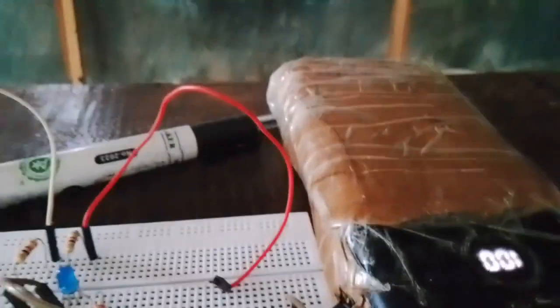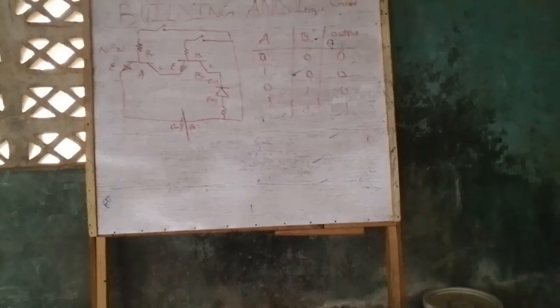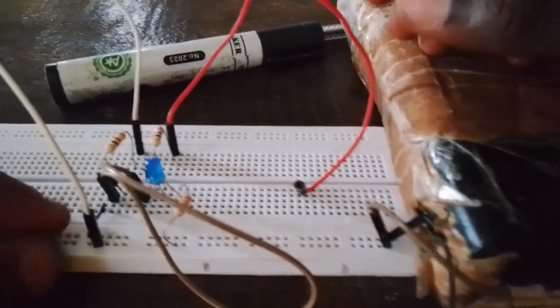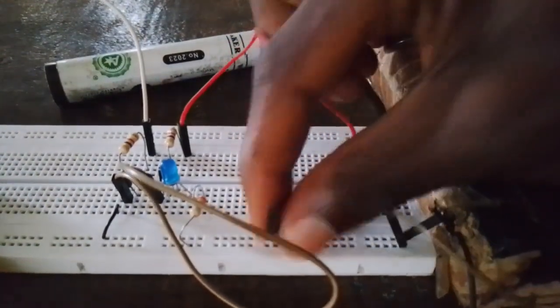So now let's do the next one. And what is the next one? The next one is when input A is 0 and input B is 1. So let's disconnect input A and make input B 1.